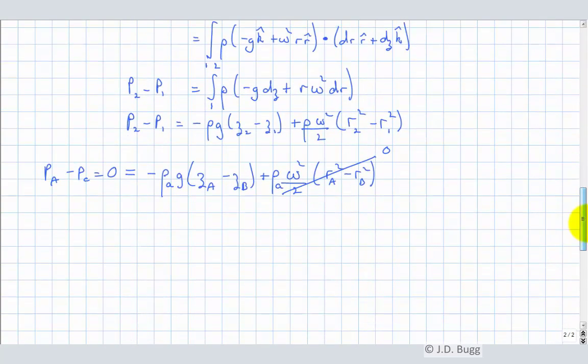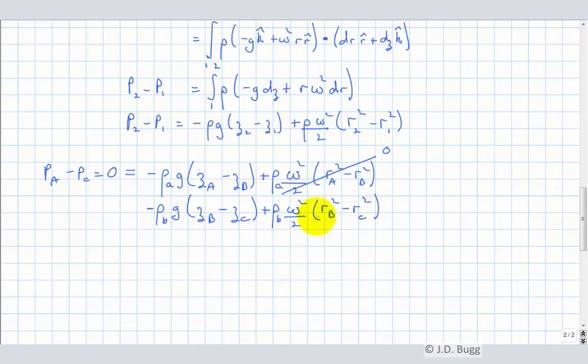So, continuing on with this, what we have down here so far is just PA minus PB, but there's a second half to this. So the second half of this, the density will be rho B times G ZB minus ZC plus density of B again, omega squared over 2 RB squared minus RC squared.